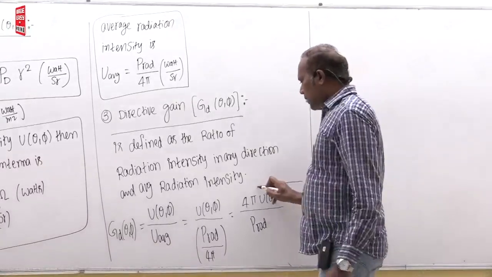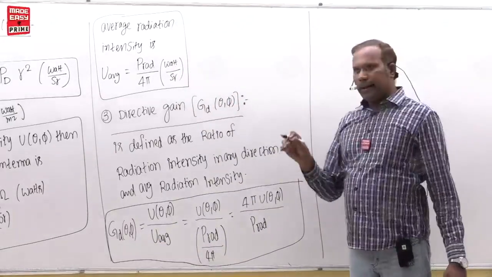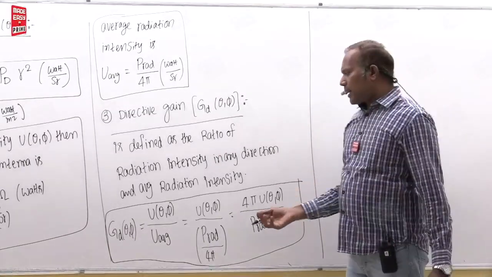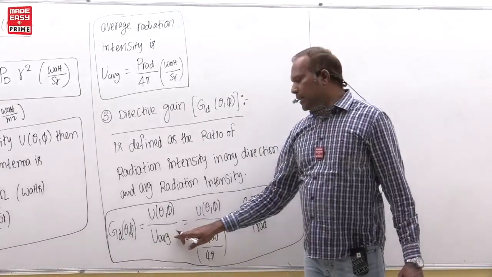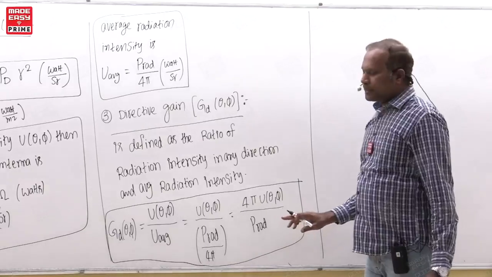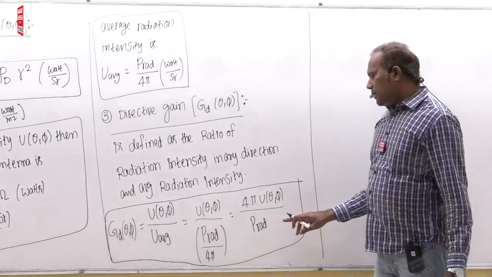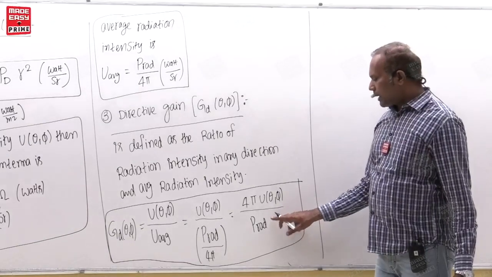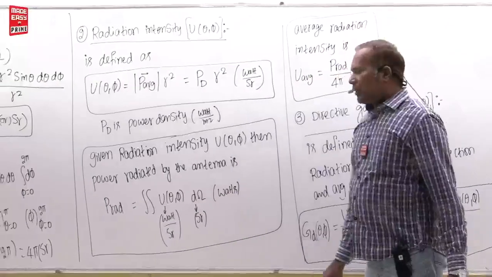You have to remember this one. Once you read this formula, imagine how you get questions in the exam. They may give the radiation intensity, and from that you can find the average radiation intensity and take the ratio. Or in the examination they give U(theta, phi) and ask you to find the directive gain. You can calculate from this: substitute U(theta, phi), then calculate the power radiated from the formula given here.